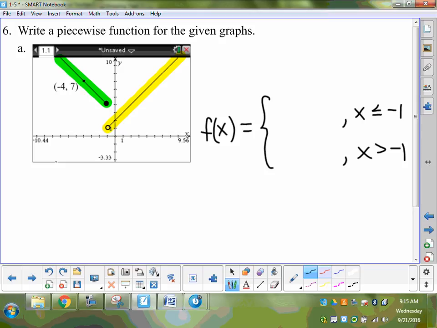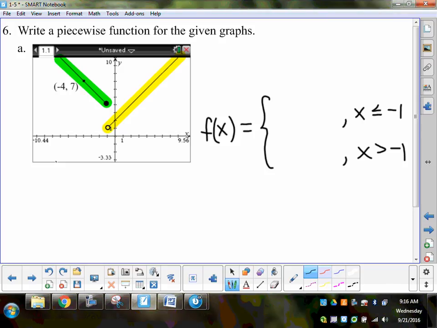You have to be able to generate the equation of the line. You need to be able to tell me, rise over run, what's the slope of that line? Thomas, what do you say? 1? No? Close. What do you say? -1. So it's -1x or -x.